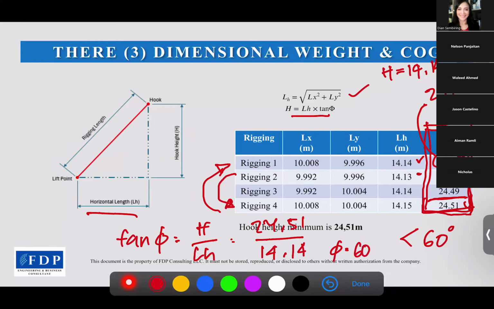So it will be more than 60 degrees that meets our requirement. So the hook height requirement is 24.51 meters.